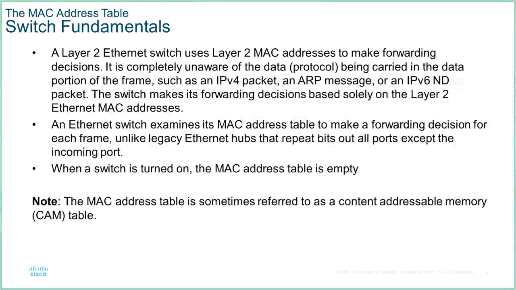Basically how it works is, as a frame arrives, it records the source MAC address and puts it into the table, and it says, okay, that frame arrived on port 15, so I'll have that MAC address associated with port 15. So when a reply comes back for that MAC address, it knows to forward it out only port 15.